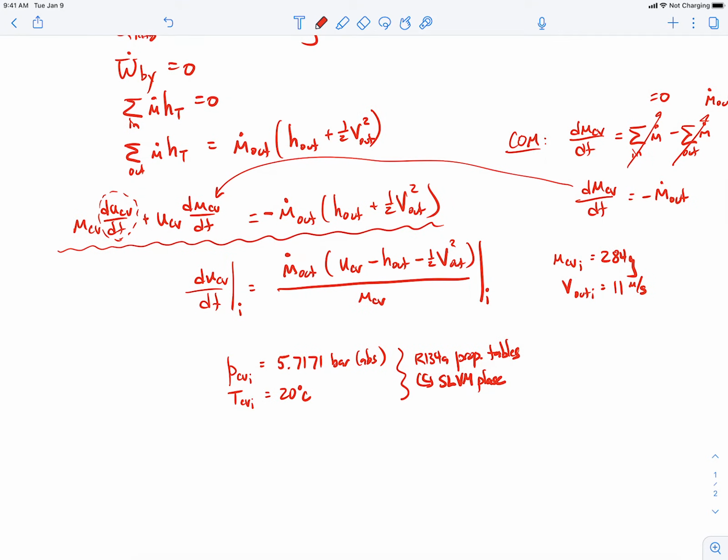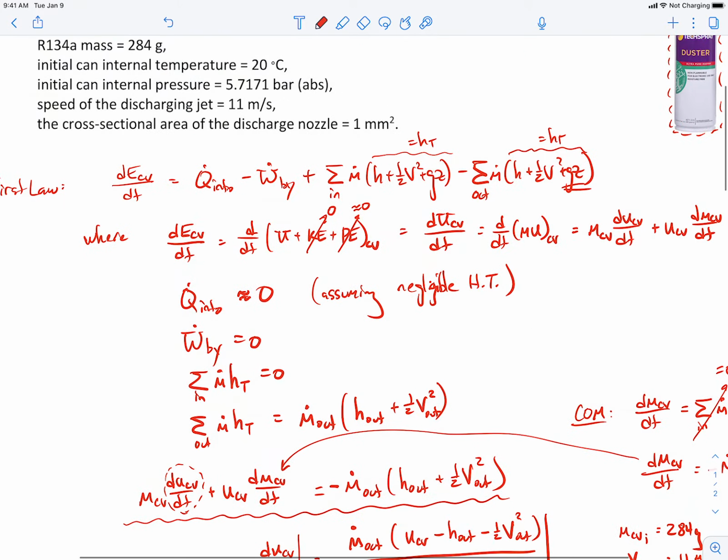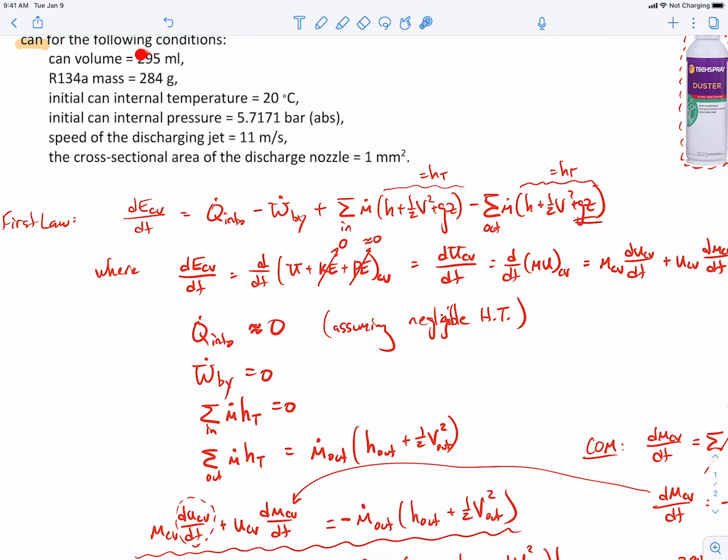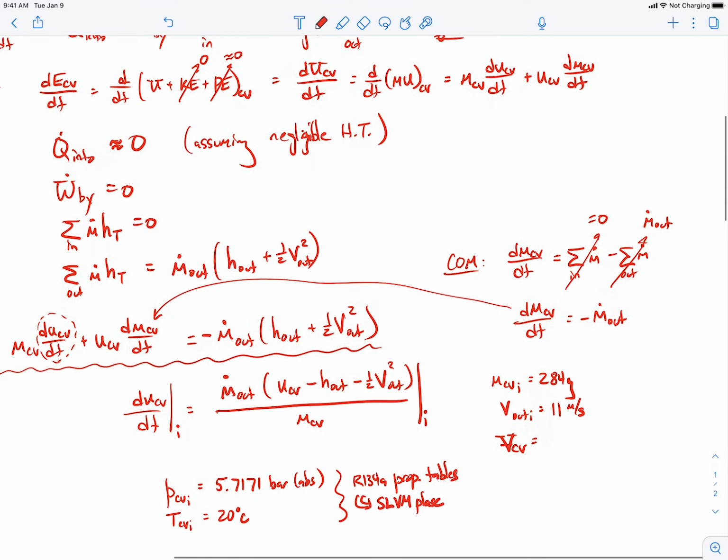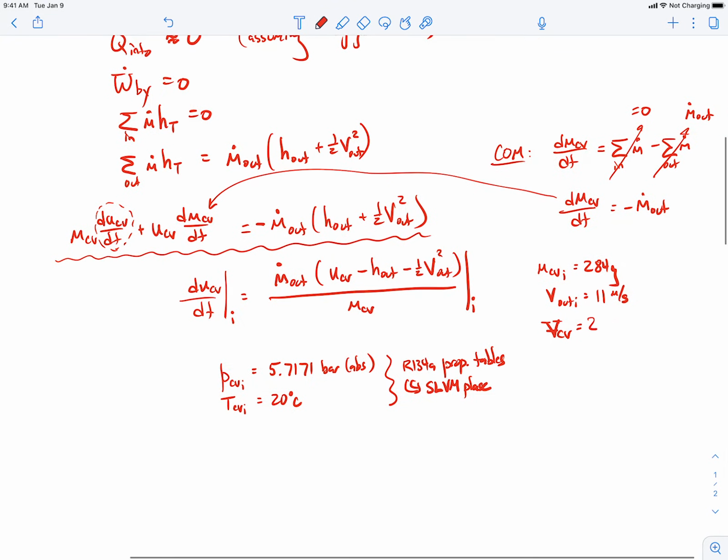Remember that the volume of the control volume is given. That's 295 milliliters. Let me mark that down, 295 milliliters. Since I have the mass and the volume, I can find the specific volume within the control volume initially.